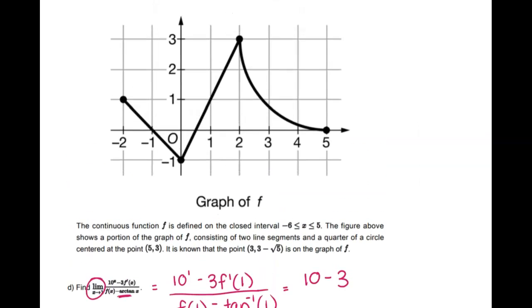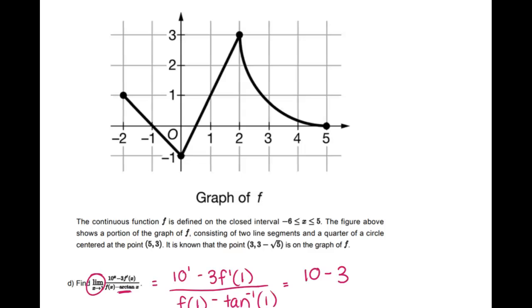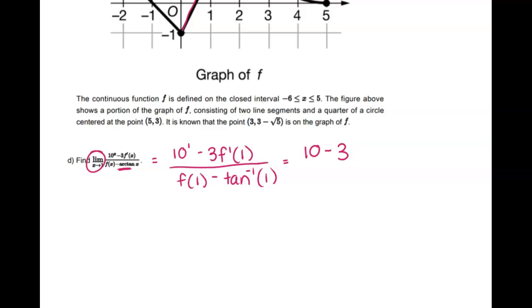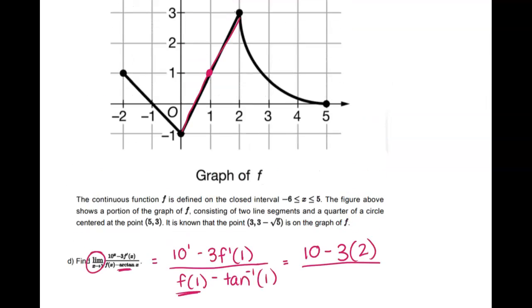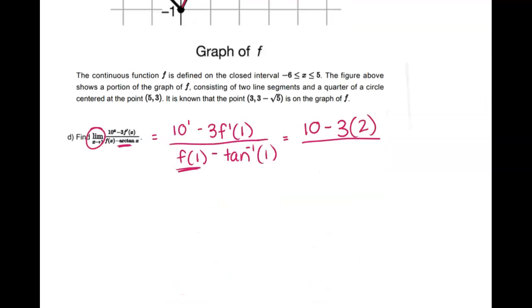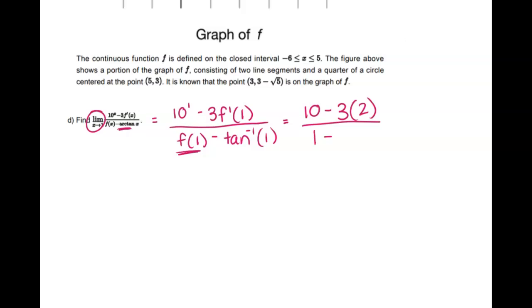So f prime of 1, well, it's the derivative, or the slope of the tangent line at this point. This line has a slope of 1, 2, 3, 4 over 2, which is 2. So f prime of 1 is 2. Now we have f of 1, which is 1, minus the inverse tangent of 1, or for which angle is the tangent 1.